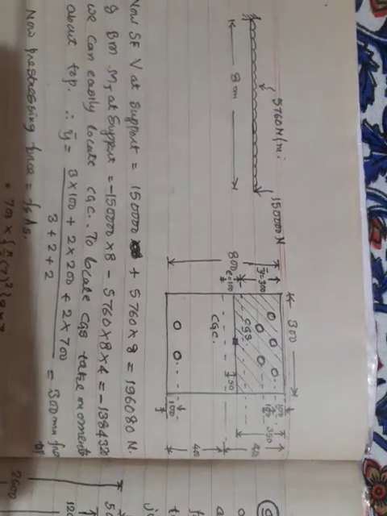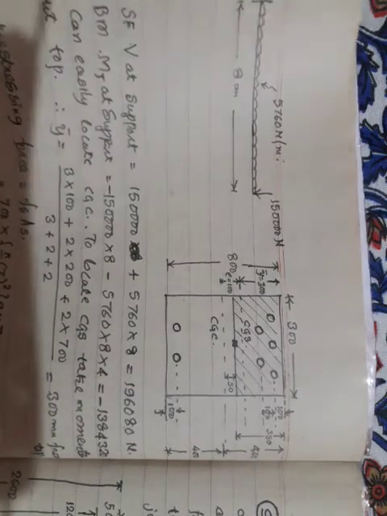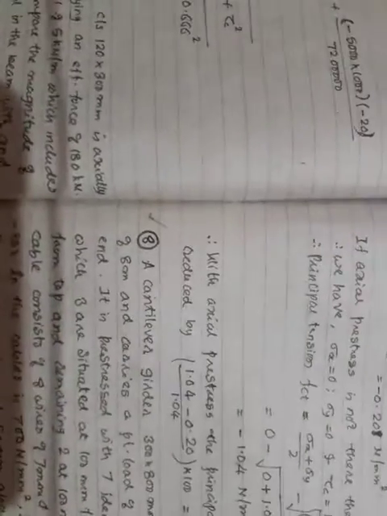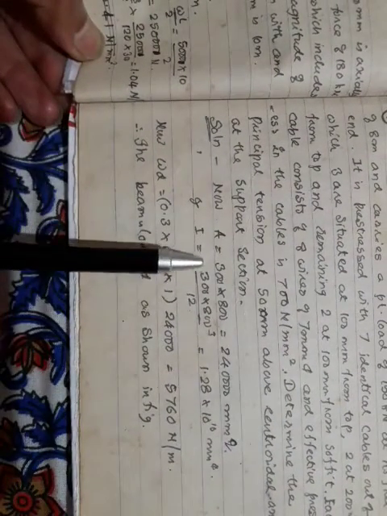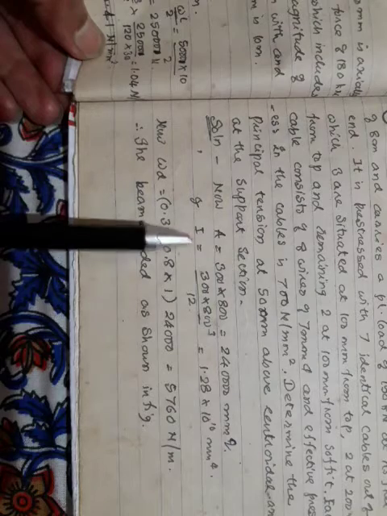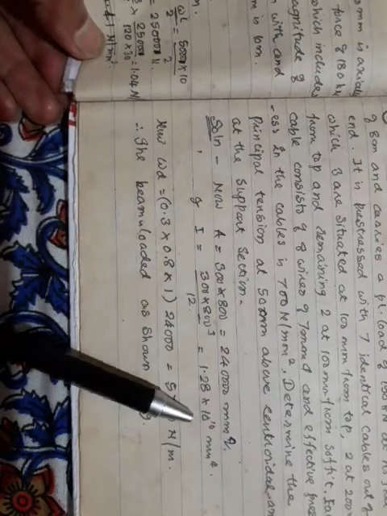Now I think you can easily calculate the area, moment of inertia, etc. The area is 300 mm by 800 mm, and I is bd cubed by 12. That also can be calculated.